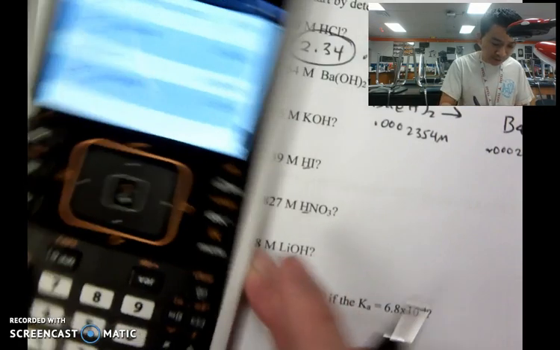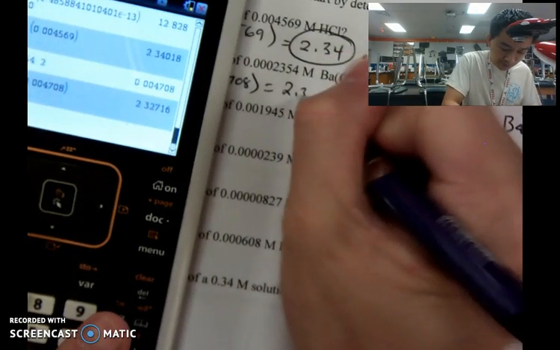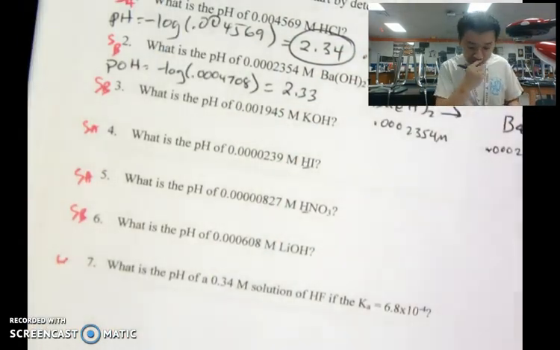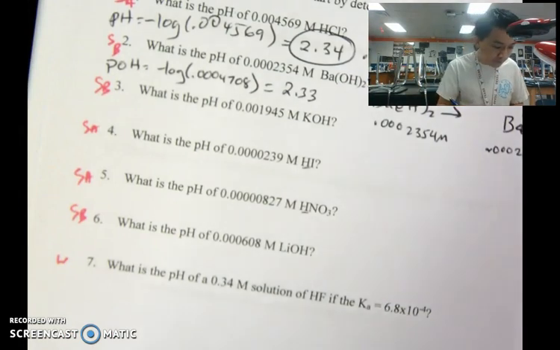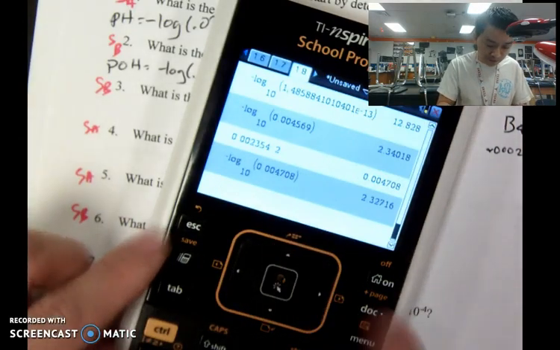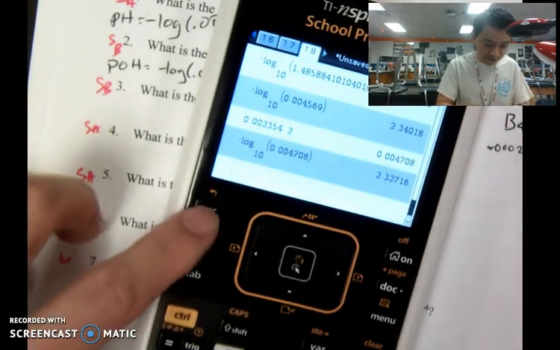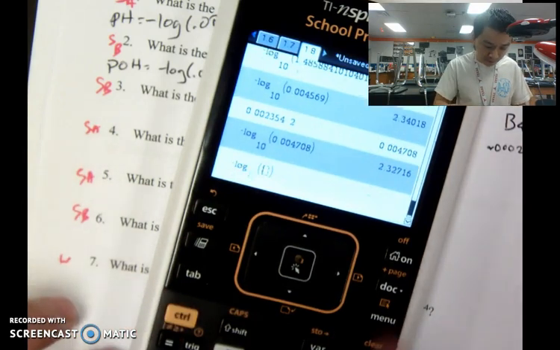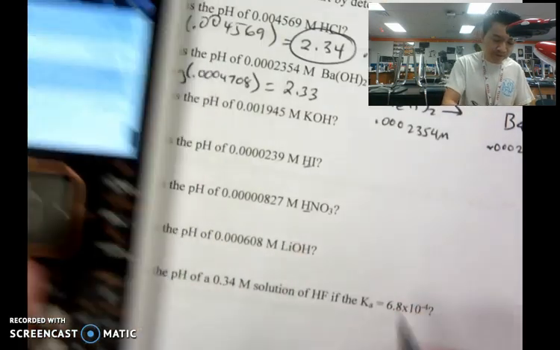Enter. I get 2.33. That's really close to the one above. Is that right? Dang it, again, I missed a number. I missed a 0. There's a common mistake. I have to do that again. Negative log of 0.00304708 gives 3.32.